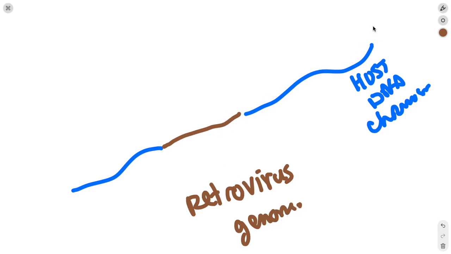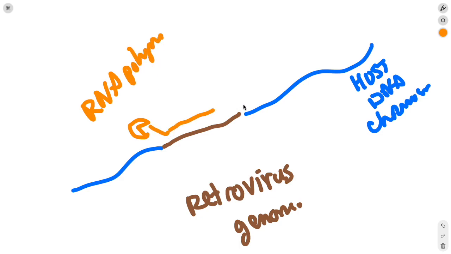And now the cell's own RNA polymerase, like we know transcribes DNA, is going to land here, and it's going to copy this like it's a transcription unit. It's just going to land there and transcribe it.